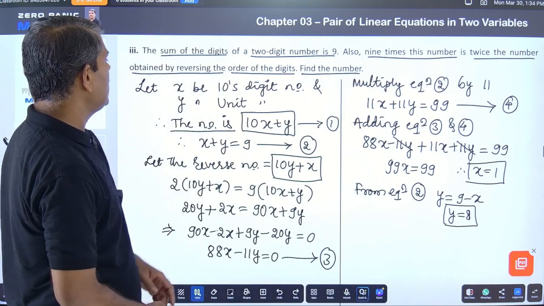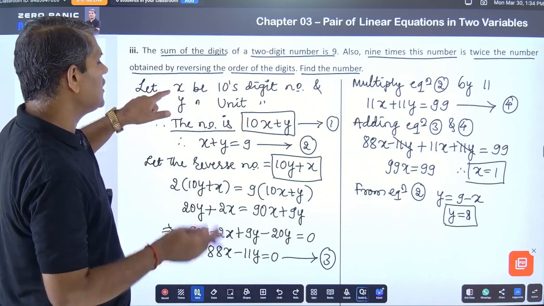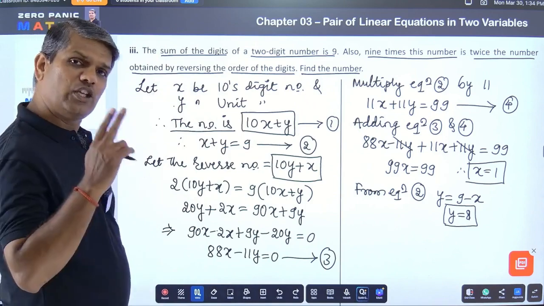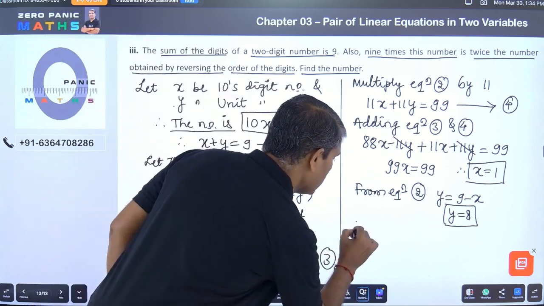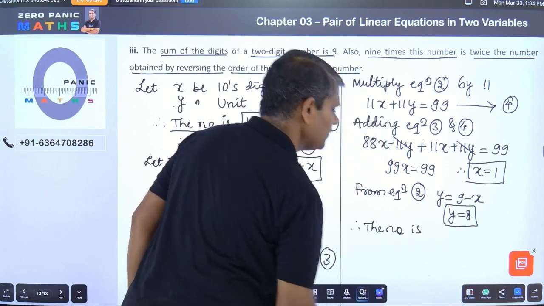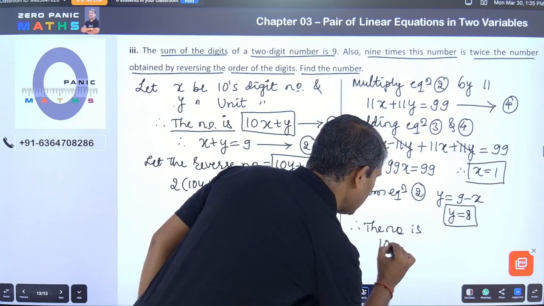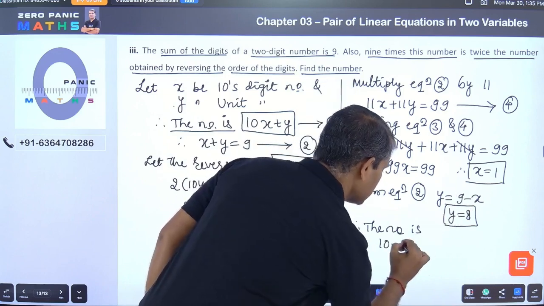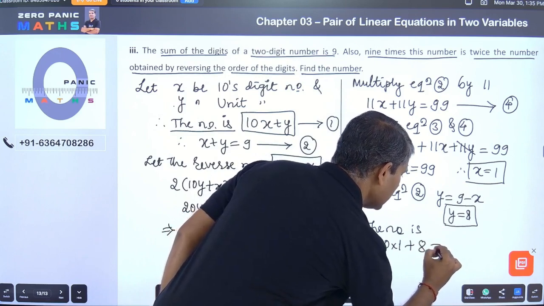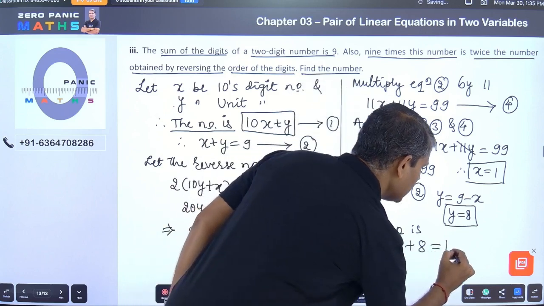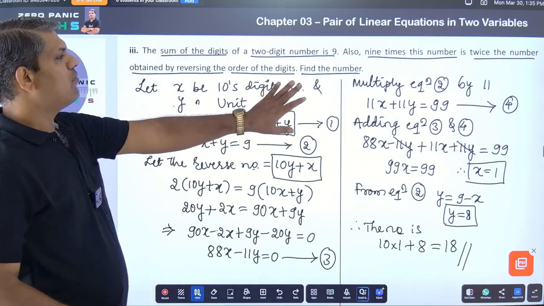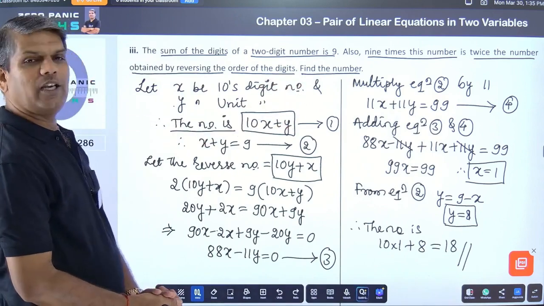We need the number which is made of x in tens digit and y in units digit. So the number is 10 into x, which is 1, plus y, that is 8. So 10 plus 8 is 18. So 18 is the number that we need to find out.